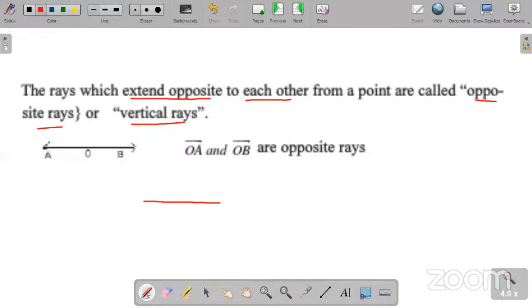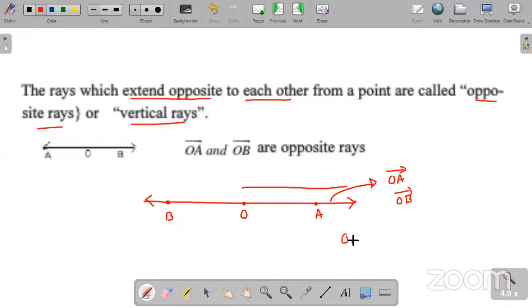For example, you take a line like this. So here O. Now if you just consider this part only, this is OA ray. Suppose you say OB, this is OB ray.